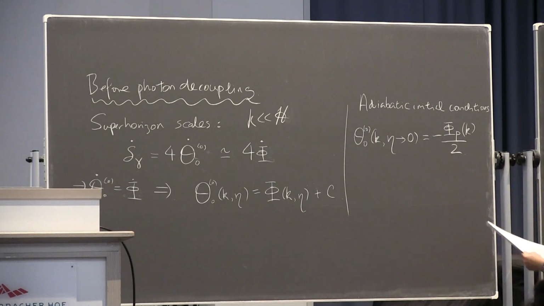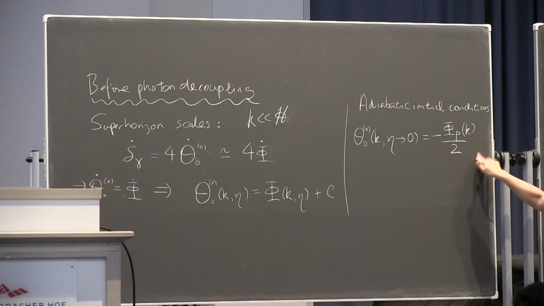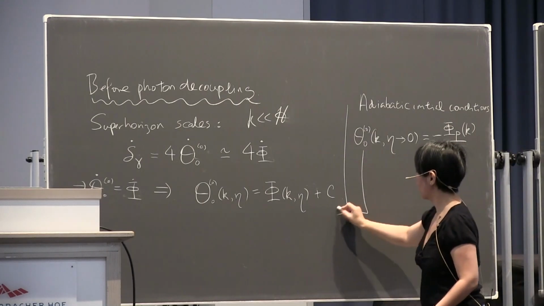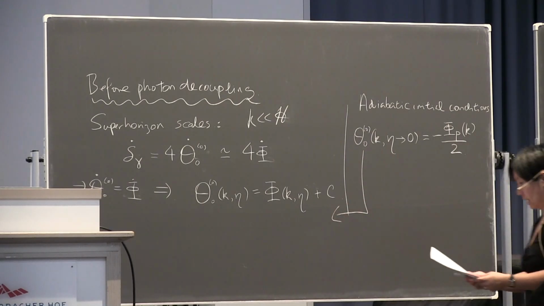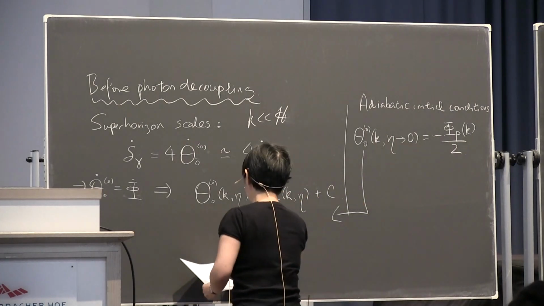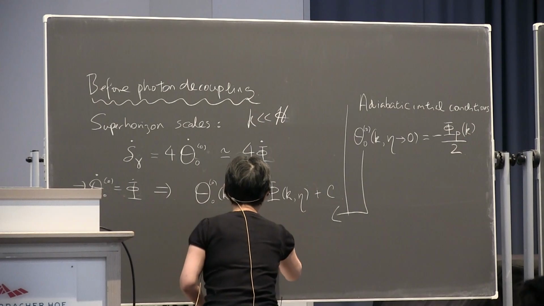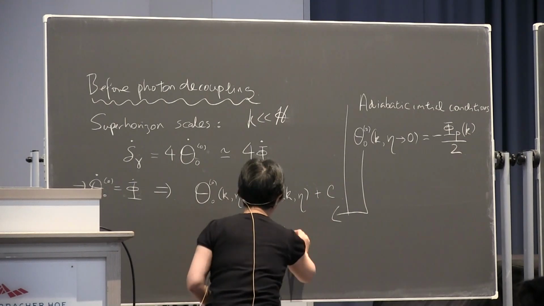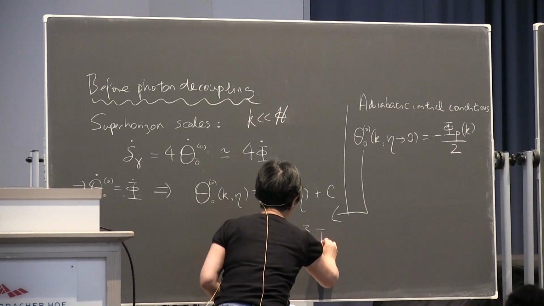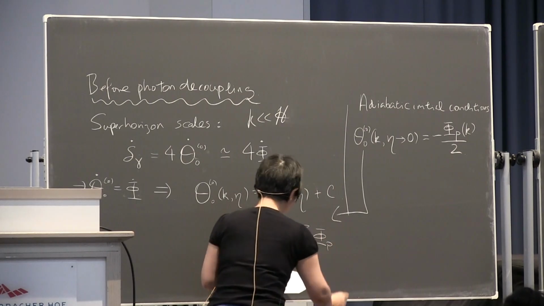Now if I use these adiabatic initial conditions and put them back into my solution, I can write this as phi of k and eta minus 3/2 phi primordial.